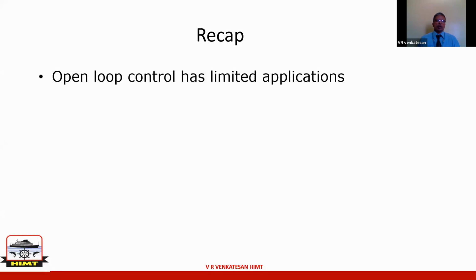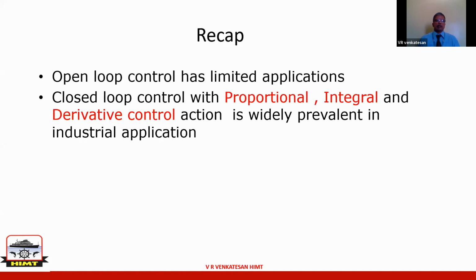So if you want continuous control, then it is necessary to have closed loop control. And the first type of closed loop control is called on-off control. But on-off control has got applications like compressor cutting in, cutting out, settling tank filling up. All these are examples of on-off control. But on-off control has got its own limitations.